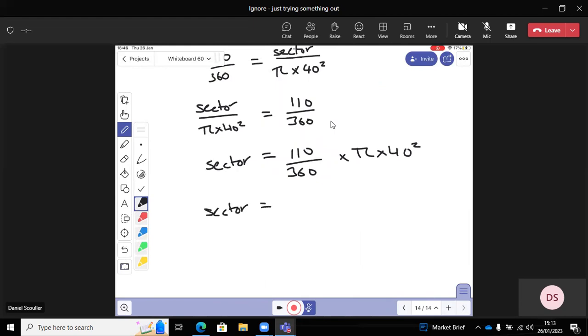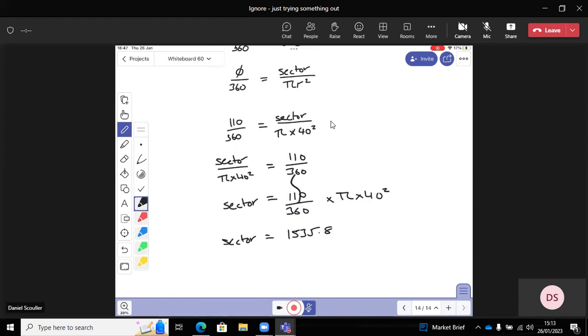Area of the sector, therefore, putting that in our calculator. 1535.8. At this point, I'm going to check a couple of things.